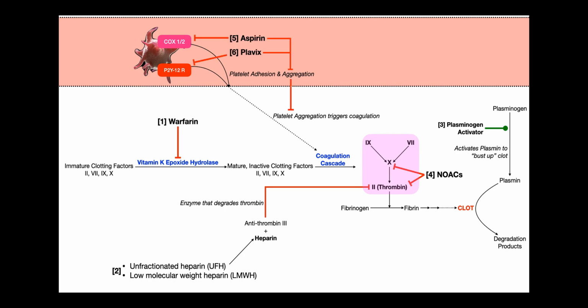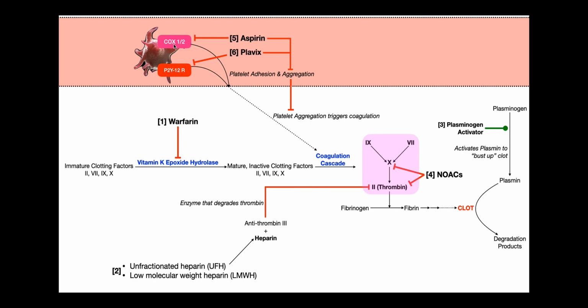All right, for drugs number 5 and 6, we now go and take a look at the platelet. So platelets have an enzyme called cyclooxygenase, or COX. There's cyclooxygenases 1 and 2. And this is an enzyme that converts arachidonic acid into the prostaglandins and the thromboxanes. So prostaglandins and thromboxanes generally are procoagulant, they are pro-inflammatory, and they are pro-platelet adhesion.